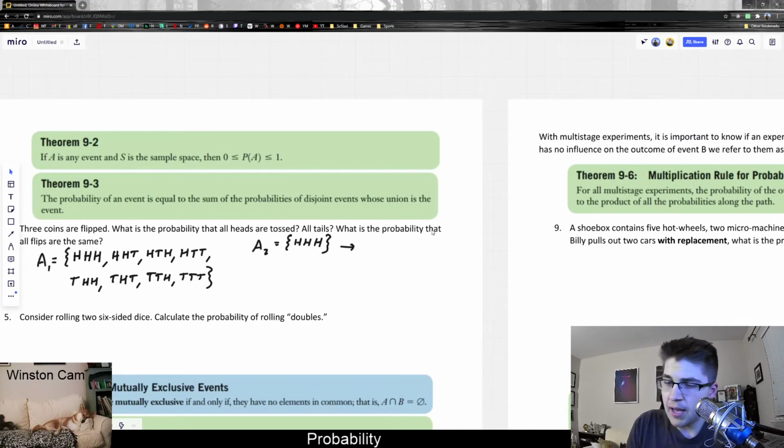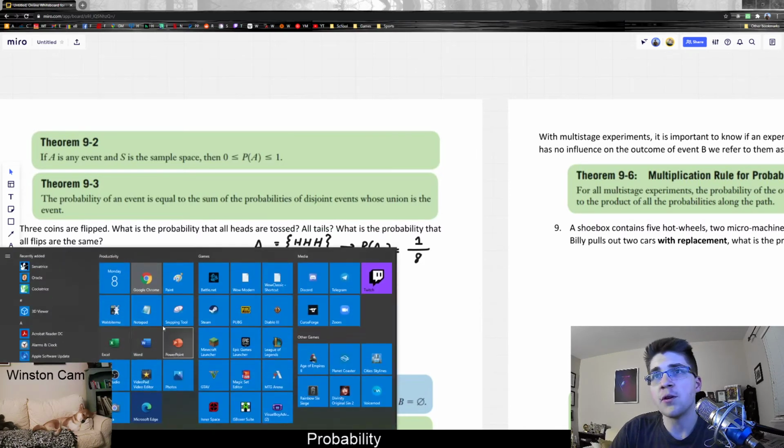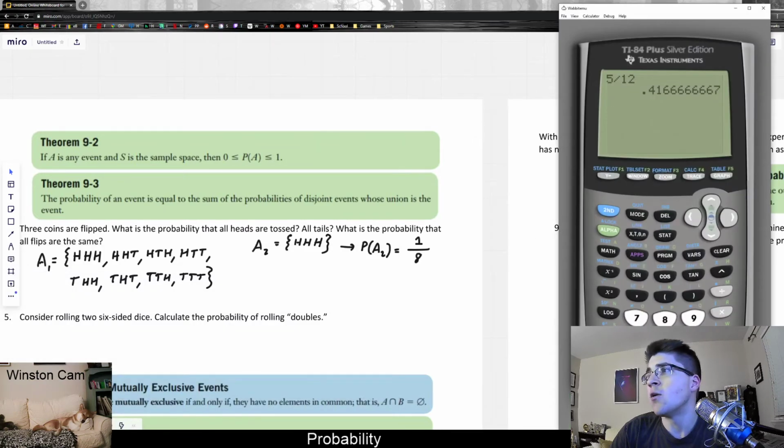So the probability that A2 occurs is, well, there's only one element in A2, divided by 8, the number of total events in the sample space. So we've got a 1/8 chance to throw 3 heads in a row. Or, as a decimal or a percentage, 0.125 or 12.5%.